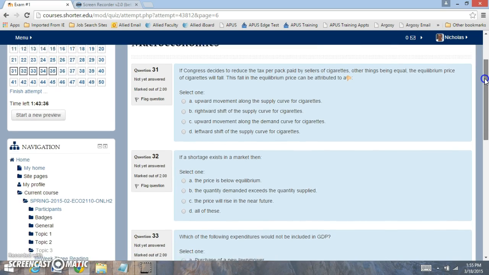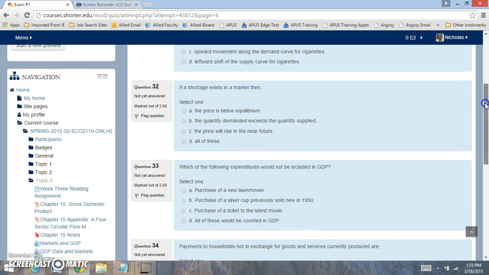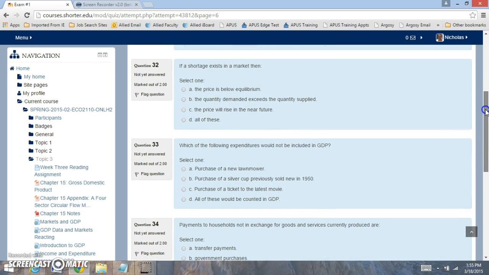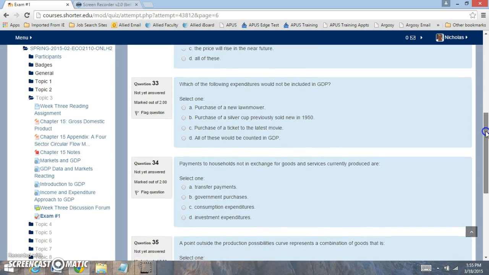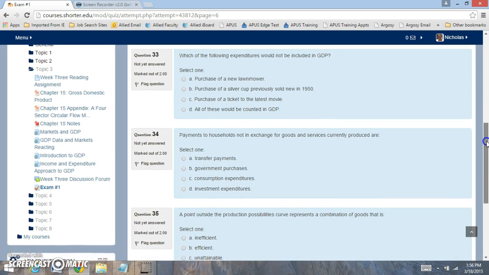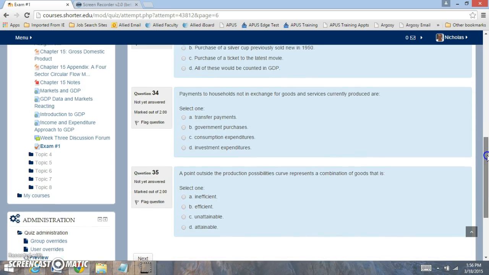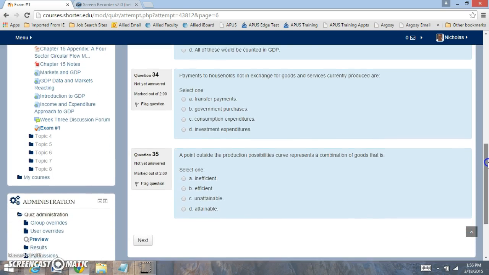Taxes will influence supply curve. If there's a shortage, that must mean the price is too low. Any used goods and services would not be included in GDP.